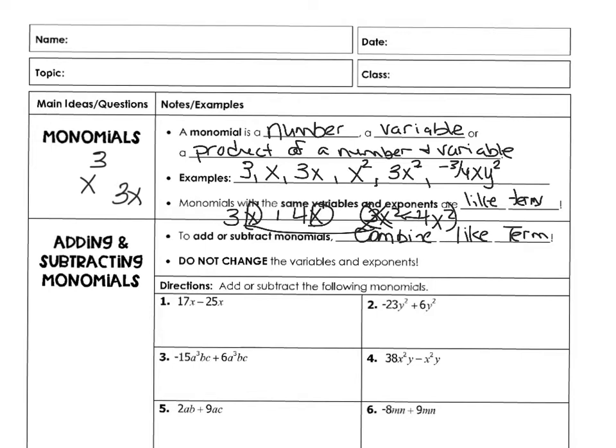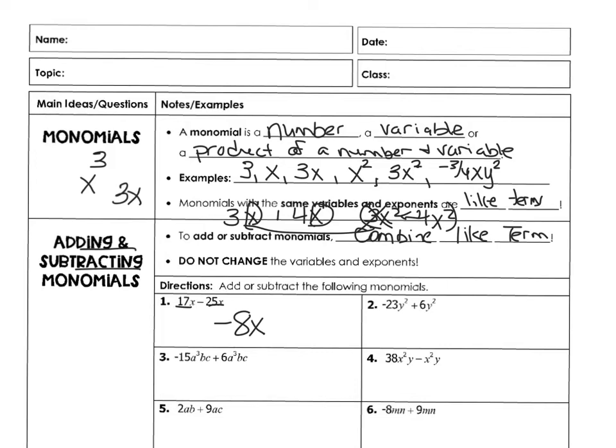You do not change the variables and exponents. So 17x and 25x, we're subtracting. They have the same variable, same exponent, so you look at the coefficients. 17 minus 25 is negative 8, and put down your variable.